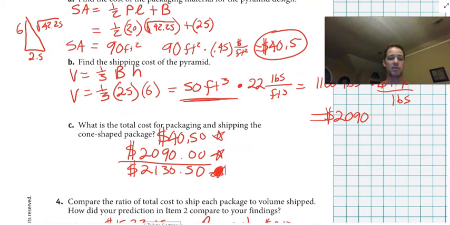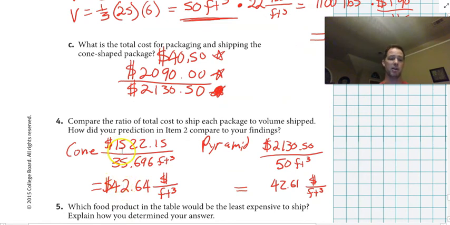So on the next question, it says compare the ratio of total cost to ship to the volume. So for the cone, it only cost us $15.22, but we only got a volume of 35 cubic feet, so it cost $42.64 per cubic foot. For the pyramid, when I compare the total cost over the volume, it only costs $42.61 per cubic foot.